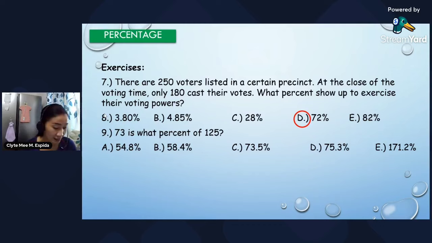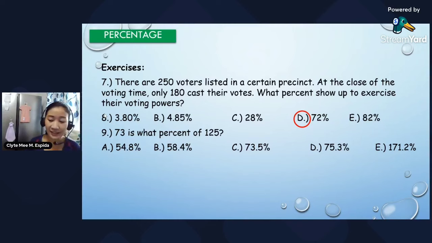So, letter E. Did anyone answer E? If E would be your answer, E should be the first one you eliminate, because what is being asked cannot exceed 125. So E should be directly eliminated from your choices.